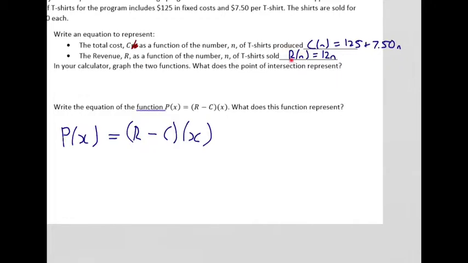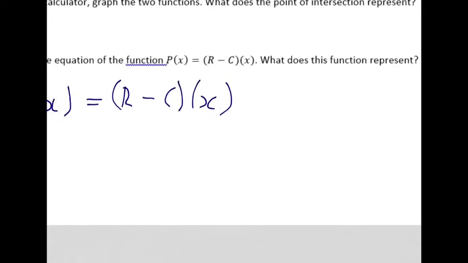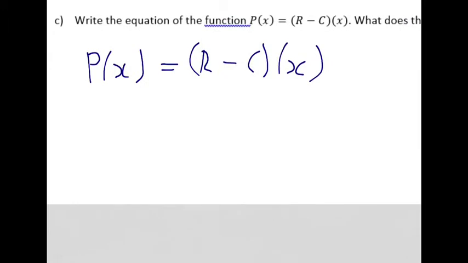I'm taking R and subtracting C to create a new function, a new equation, right? So I take R of n. I should use n, not x here. It should be n, and that should be n. So I'm taking R of n and minusing C of n to create P of n.